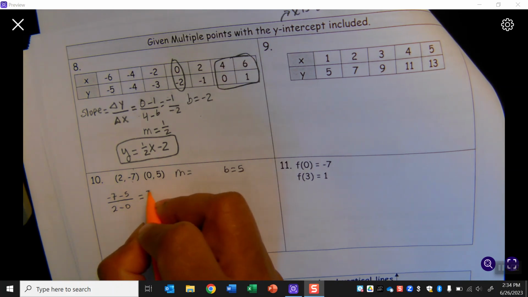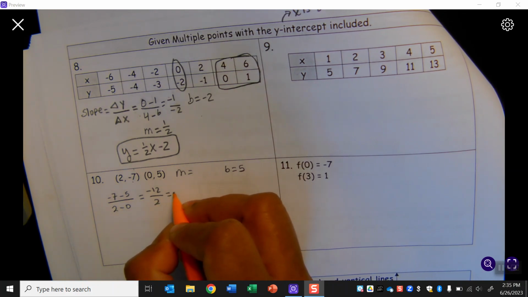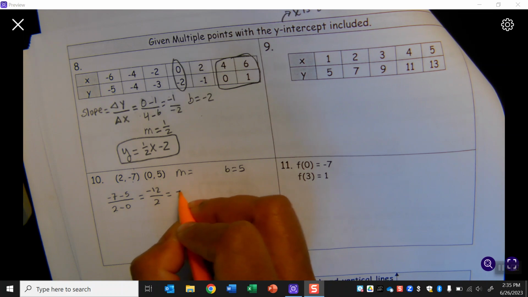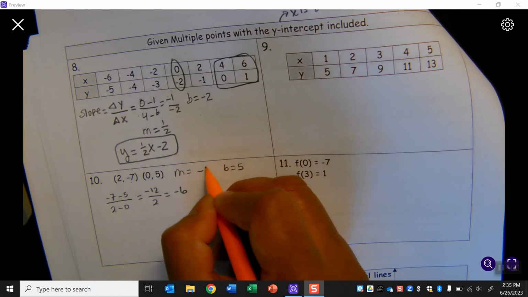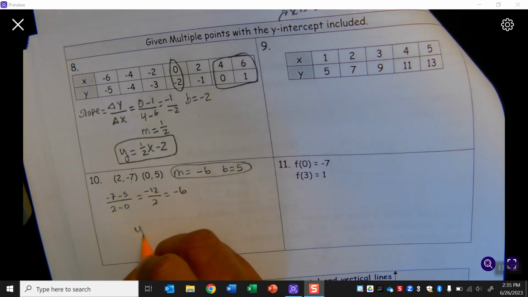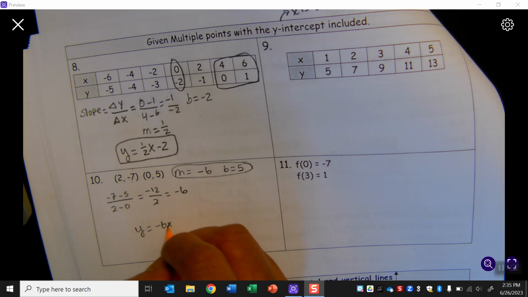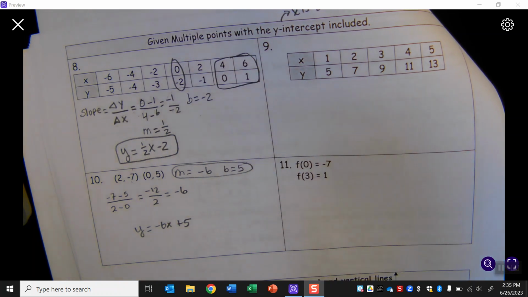So that's negative 12 over 2 minus 0 is just 2. So that's equal to negative 12 divided by 2 is negative 6. So my slope is negative 6. All right, so that's then going to end up being y equals negative 6x plus 5.